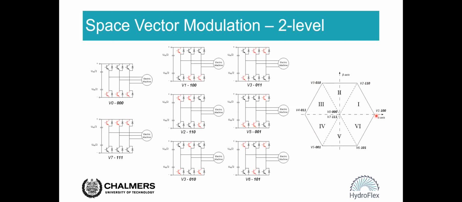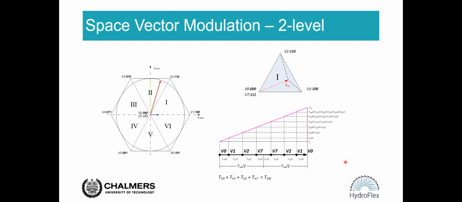Basically, all the voltage vectors are at the points of this hexagon. So if we combine the alpha beta voltage and the voltage vectors, the alpha beta voltage is this inscribed circle, while the voltage vectors are on this hexagon.